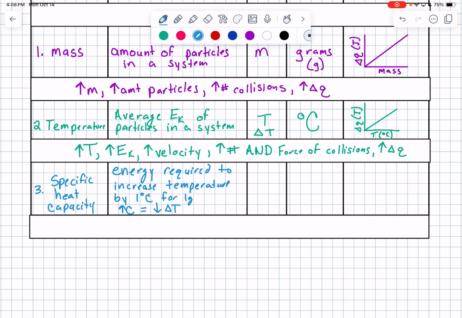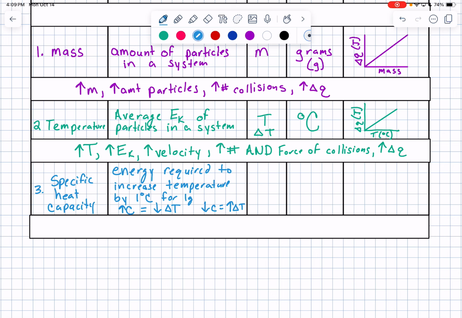Because more energy, let's say I need 10 joules of energy to change it by 1 degree Celsius, my temperature is going to change a lot less than if it only needs 1 joule of energy to change by 1 degree Celsius. So a higher c means a lower change in temp, and a lower specific heat means we're going to have a higher change in temperature.